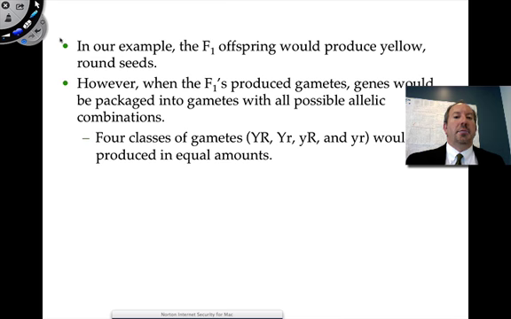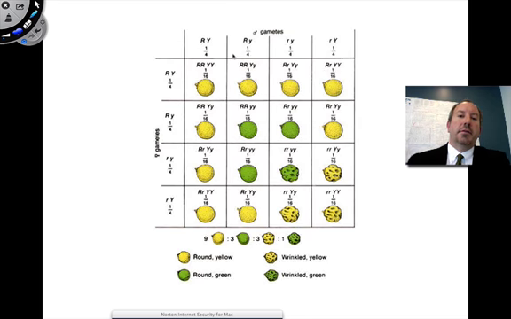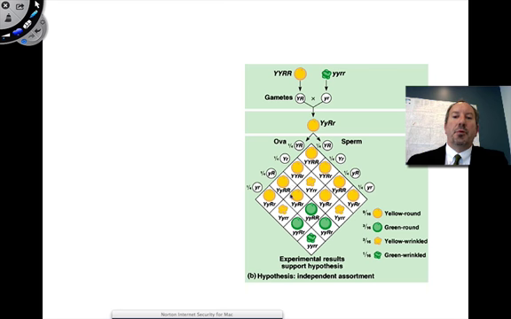And obviously there are 4 male gametes and 4 female gametes, so when you do the Punnett square, there are 16 possibilities, 9 of which show round yellow, 3 of which show yellow wrinkled, and then green round. So you get this 9-3-3-1 ratio, and that kept coming up, 9-3-3-1.